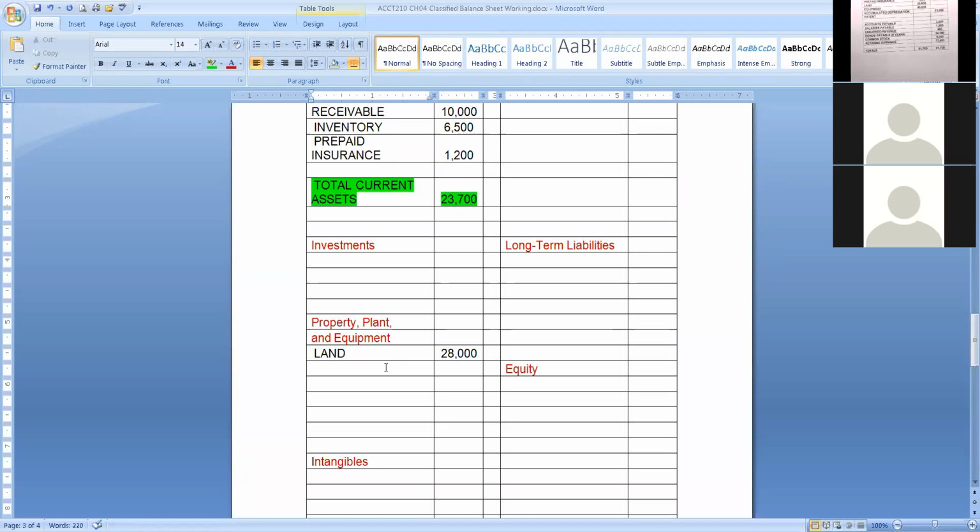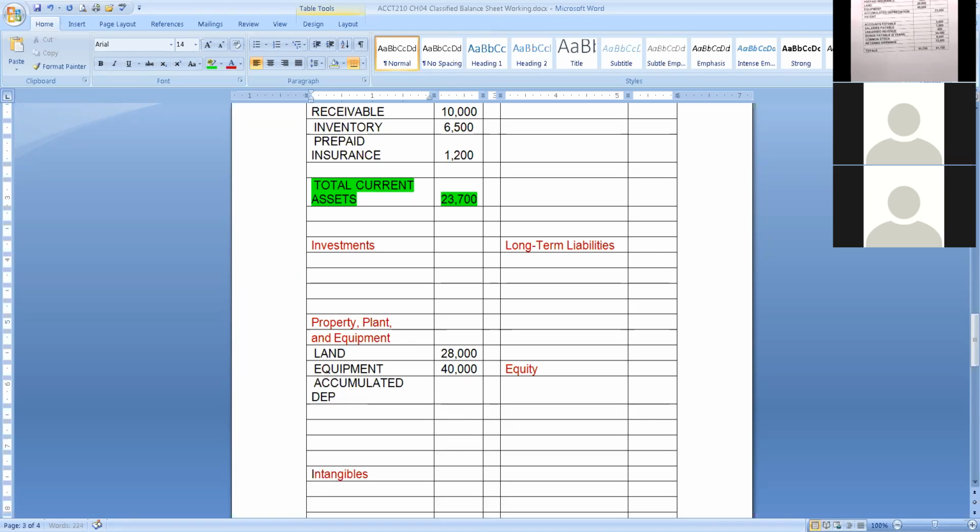Equipment, yeah. And the accumulated depreciation is going to go with it too. Now it's going to be a negative, though. We're going to say this equipment is not really worth 40,000. It's going to be worth 40,000 minus 11,000.